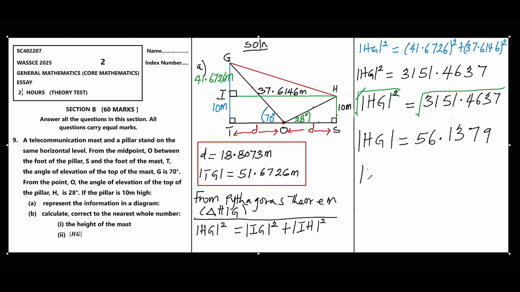So HG is 56.1379. Remember, we are also asked to correct to the nearest whole number. So to the nearest whole number, we have 56 meters. So that is for question B II.